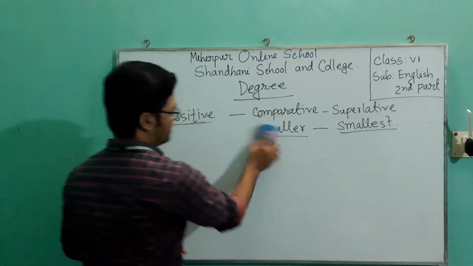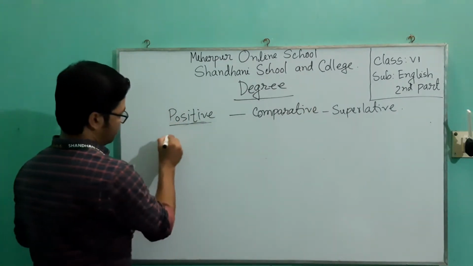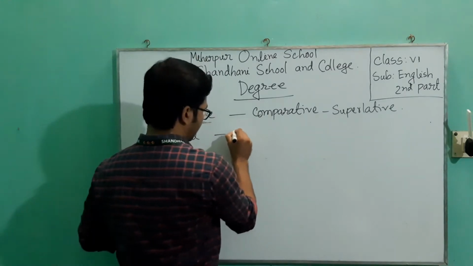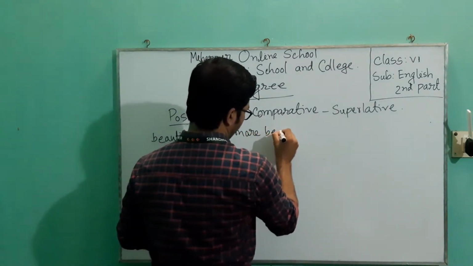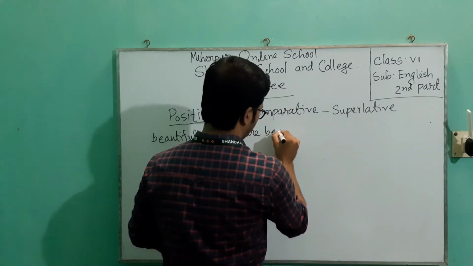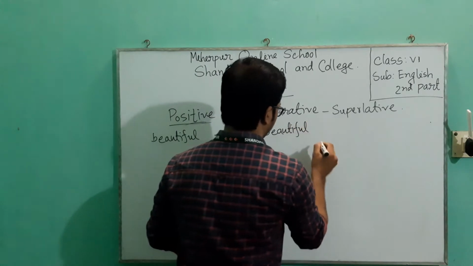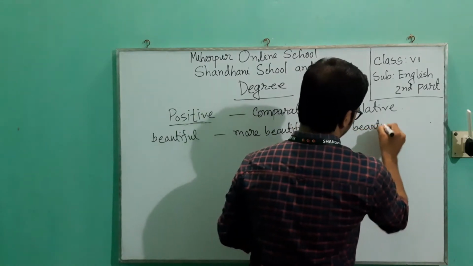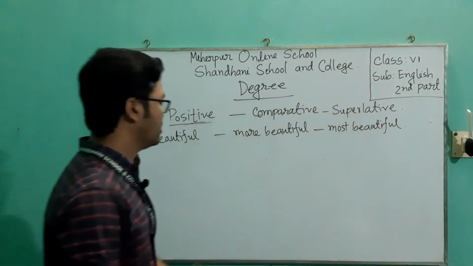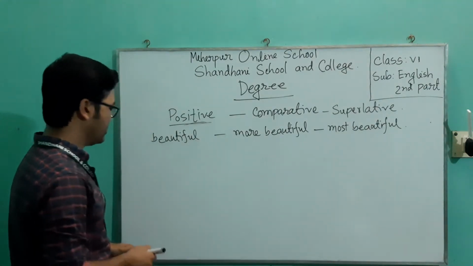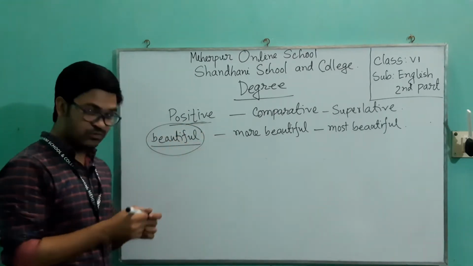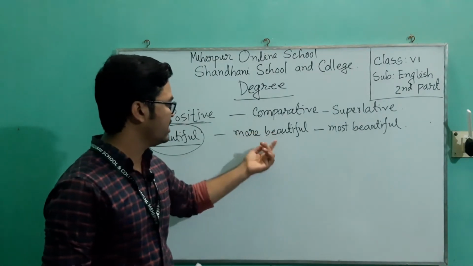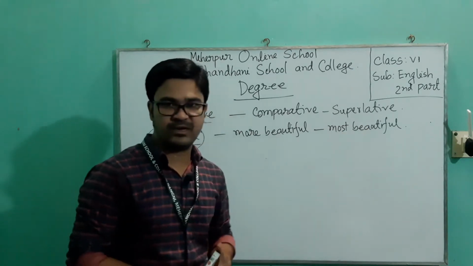Then next, notice here, beautiful, more beautiful, and the superlative is most beautiful. How to do this? Okay, dear students, beautiful is the root word and beautiful is an adjective. So why can we add more in a comparative degree and most in a superlative degree?